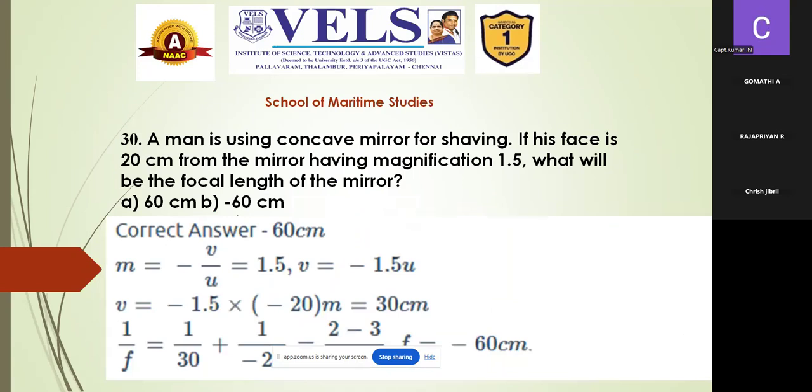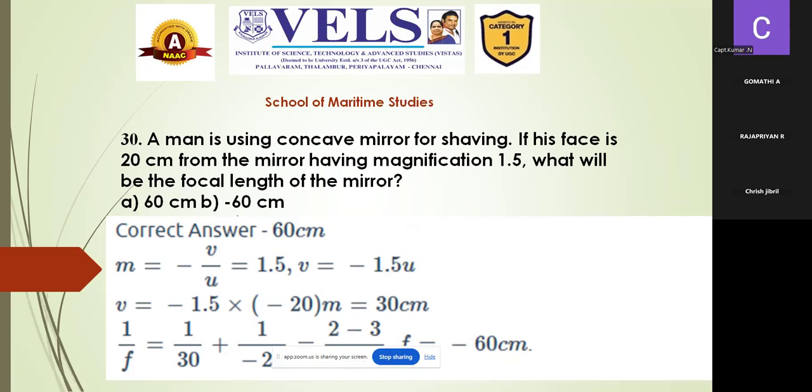Our next question is: a man is using a concave mirror for shaving. If his face is 20 centimeter from the mirror having magnification 1.5, what will be the focal length of the mirror?